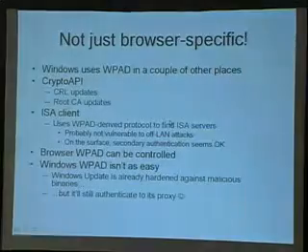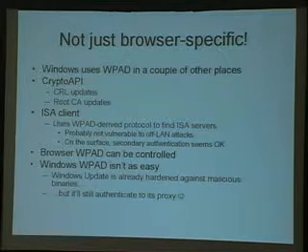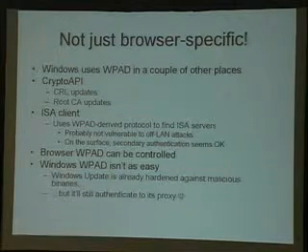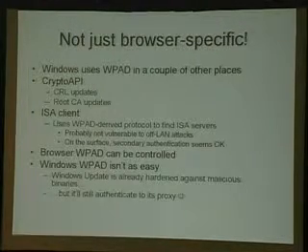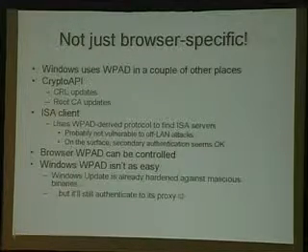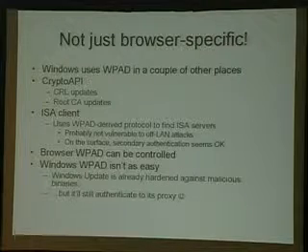In addition, the ISA client uses a form of WPAD, a similar protocol, to find its servers. So you don't need to configure the ISA client at all. It just does WPAD-esque protocol discovery to find its servers. It then does do a layer of authentication on top of that discovery, though. So on the surface, at least, I've not looked into it in too much detail, but on the surface, that authentication is sufficient to cover the weaknesses in WPAD.